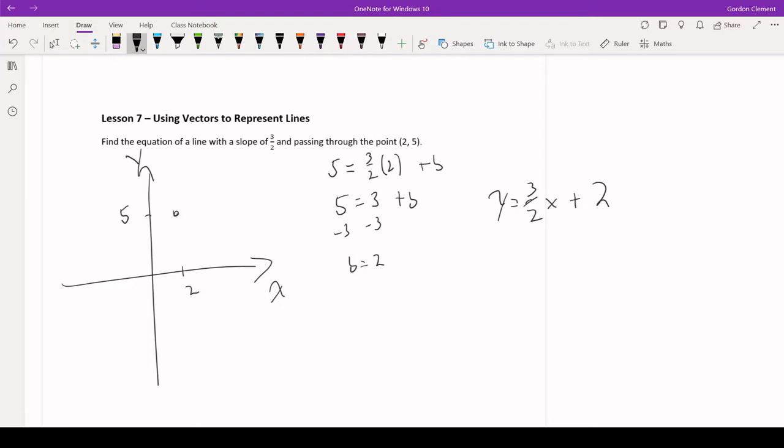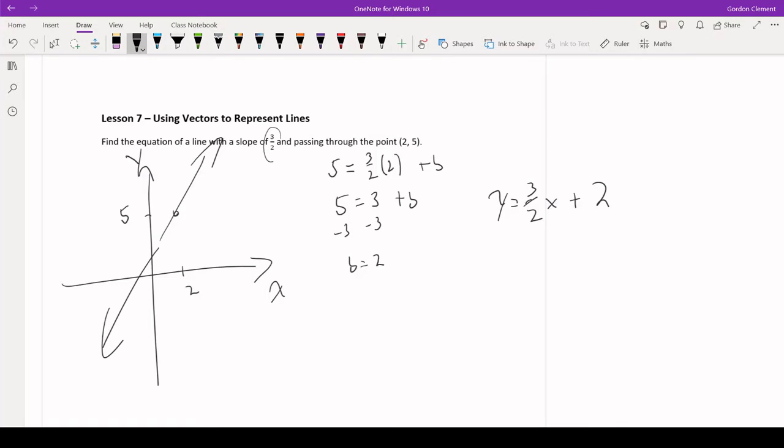And basically what we've done is we found that line, and the information we needed to find that line was a starting point and what in grade 9 we called a slope, but now we can think of as a direction. You can figure out what a line is if you know where to start and which way to go.